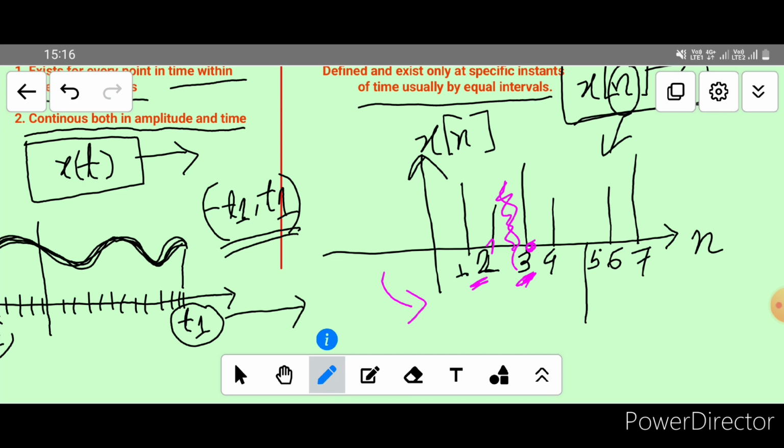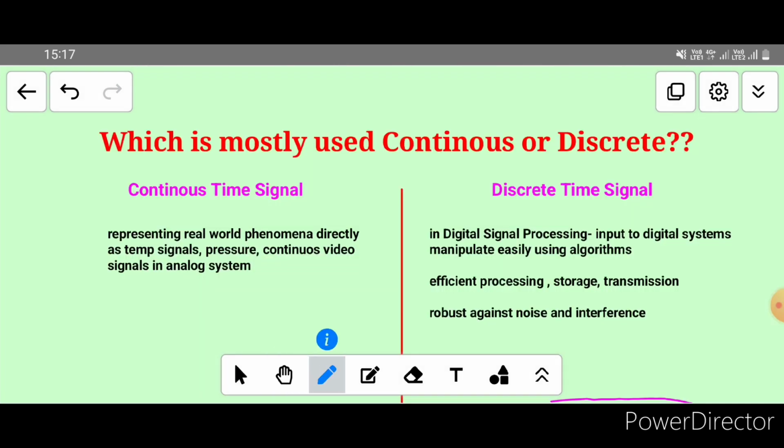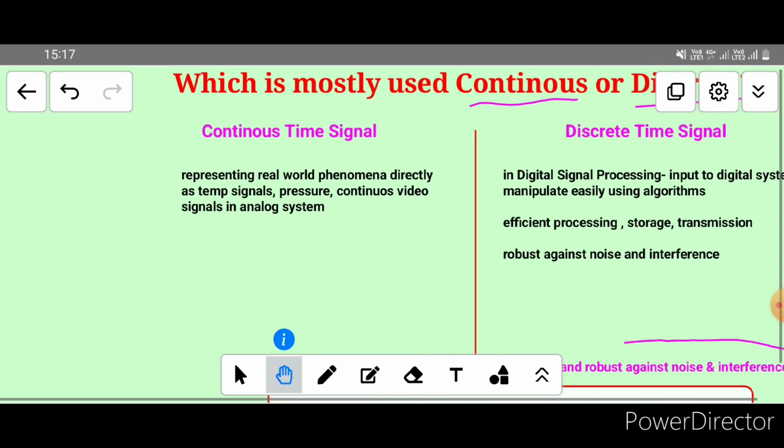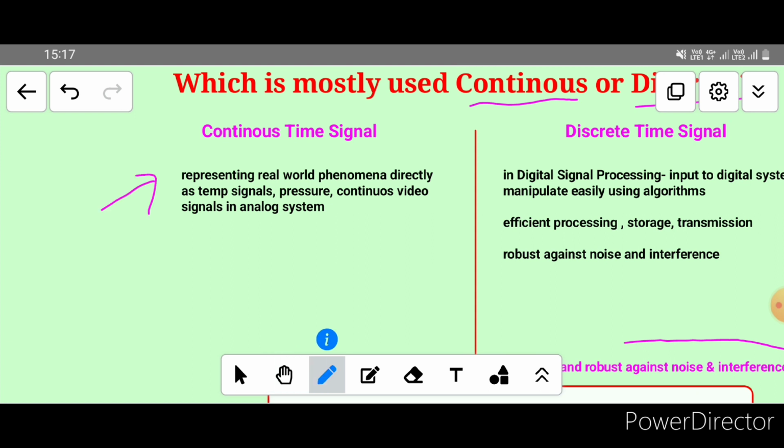Now let's see what are the applications of this continuous time signal and discrete time signal in the real world. The next question that comes to our mind is which is most commonly used, the continuous time signal or the discrete time signal? It will be more clear after we know the applications. So, the continuous time signals are actually used in representing real world phenomena.